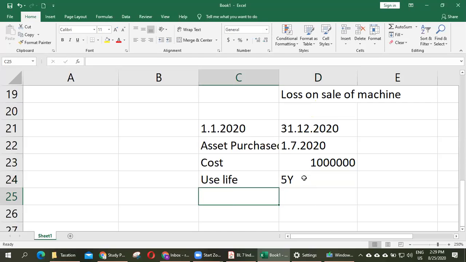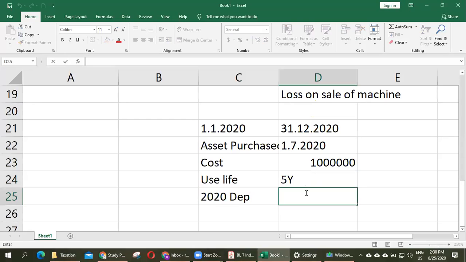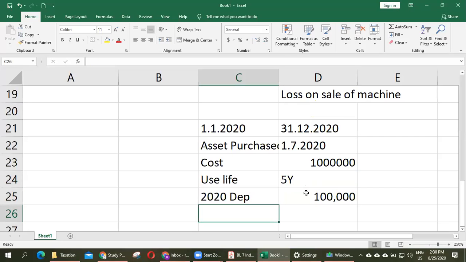My question is, for the accounting year 2020, how much depreciation in accounting? We have to charge only 6 months, so only 100,000. It's 100,000.